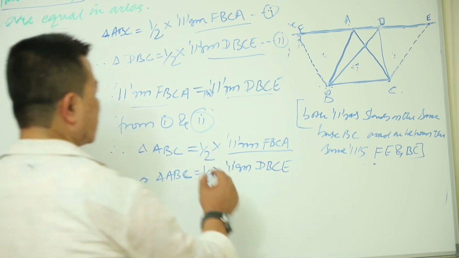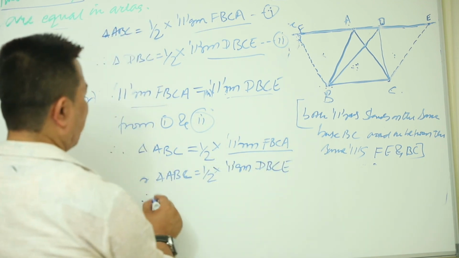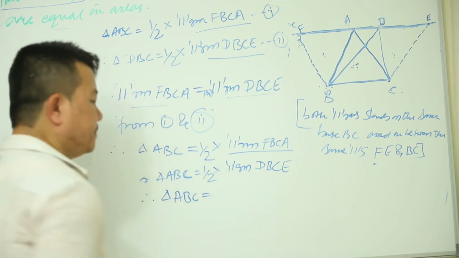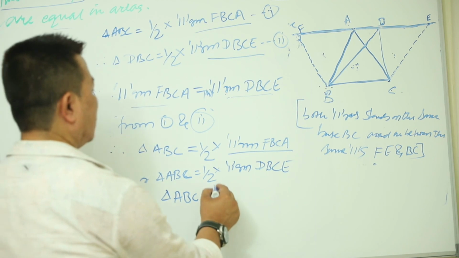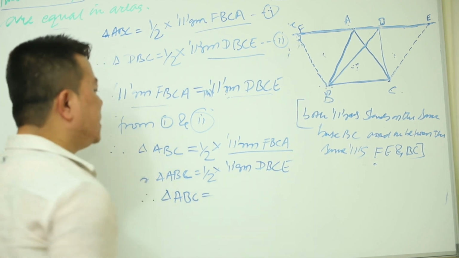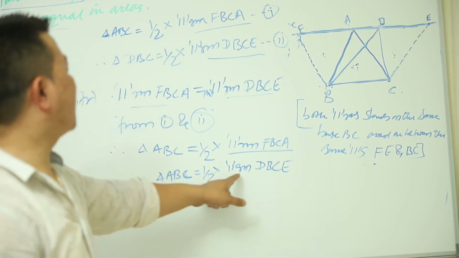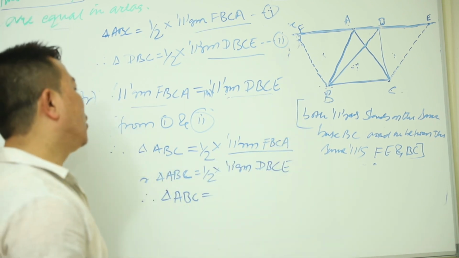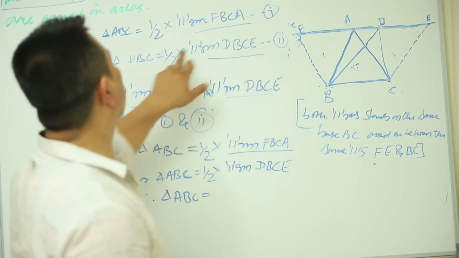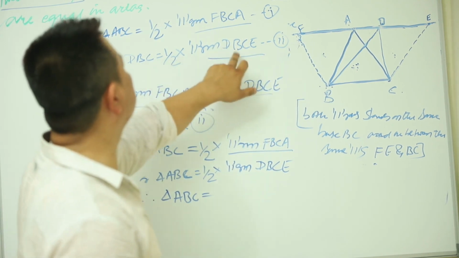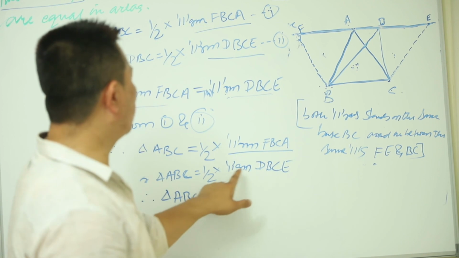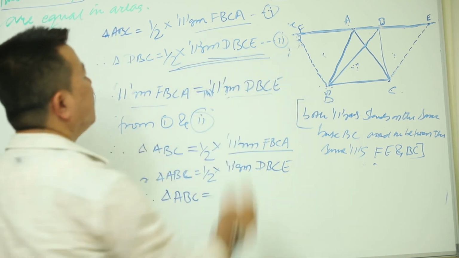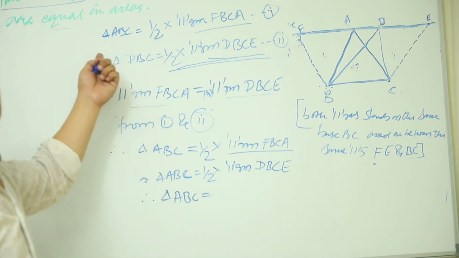Therefore, triangle ABC is equal to half parallelogram DBCE. Check equation number 2. In equation number 2, half into parallelogram DBCE means triangle DBC.